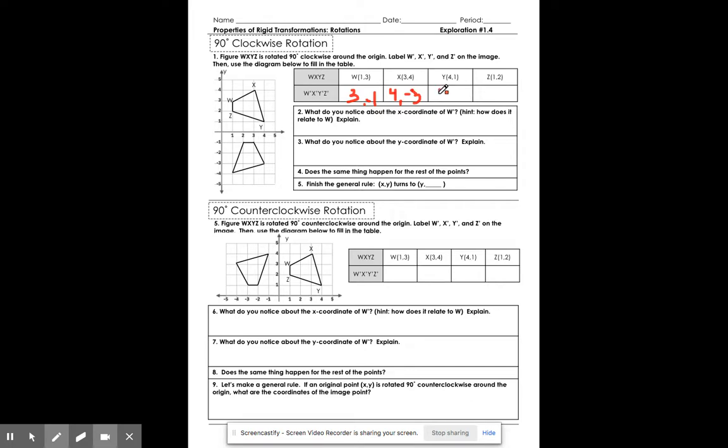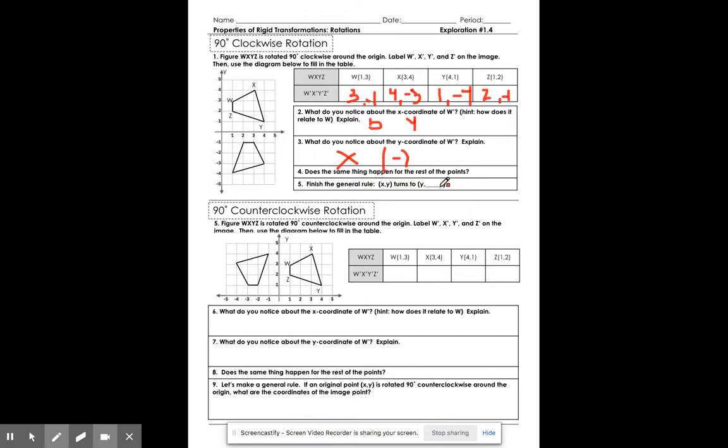So we can assume that this one is going to become (1, -4), and let's double check if it is. Y would be here, (1, -4) is correct. So this one would be (2, -1), and we can double check that to make sure it's true, and it is. So our X coordinate is becoming our Y, so we'll just put our Y. And if we notice our Y coordinate became our X and changed signs.